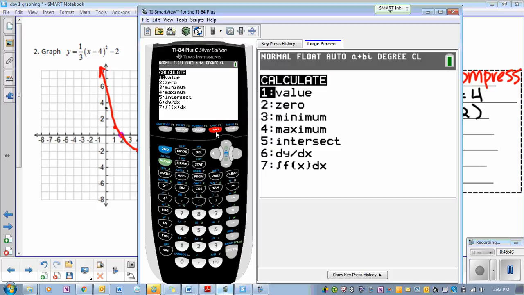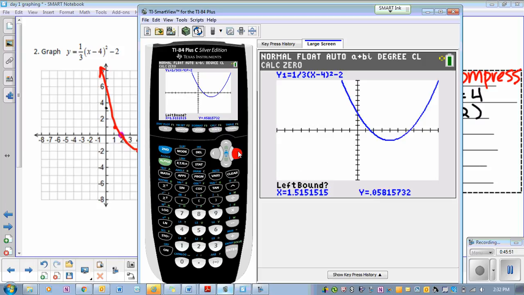Second trace, 0. I have to move my blinking bob all the way over to the other x-intercept because that is a new starting point. And then to the left, 1, 2, 3, 4, and enter. Go back. To the right. Hit enter.